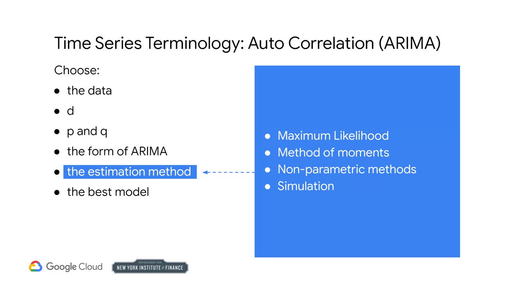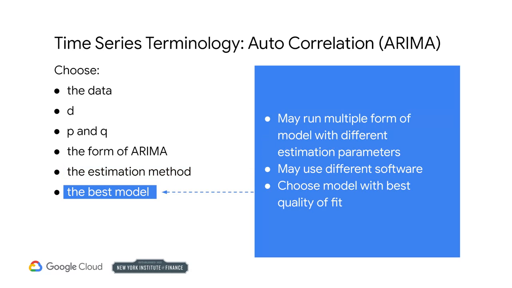Often you may think the software does this for you, but you really have to identify what the software uses as default. If you don't explicitly choose an estimation method, the software will do so, but that is still a choice you make.